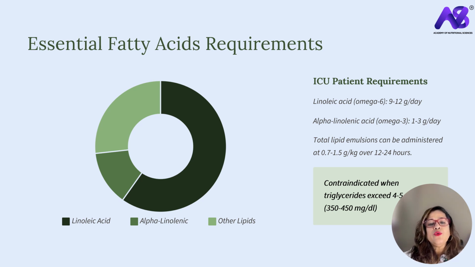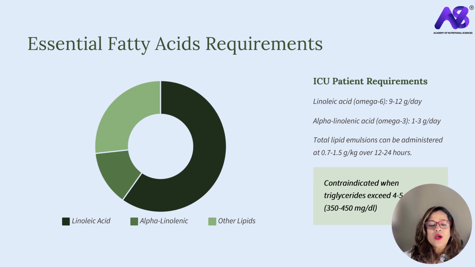Therefore, when you are looking at the lipids, the donut chart here represents a larger proportion of linoleic acid and a small proportion of alpha linolenic acid. Okay, and therefore the remainder is other lipids; basically there is a higher quantitative need of omega 6, but a small requirement for omega 3.